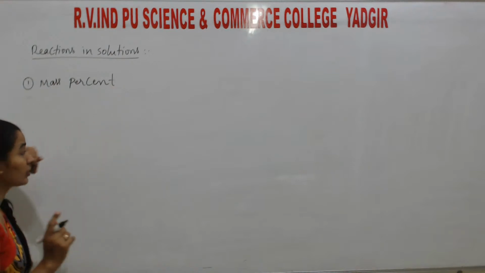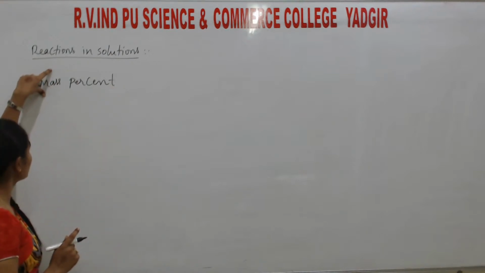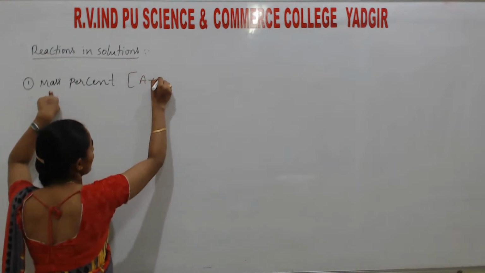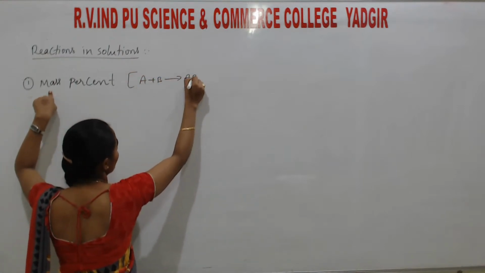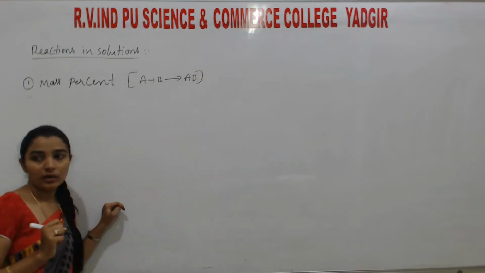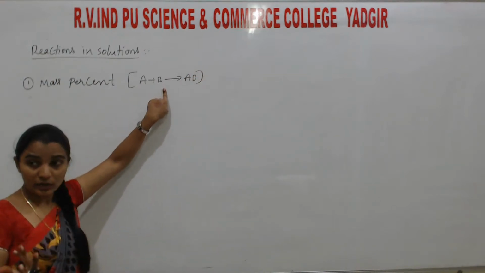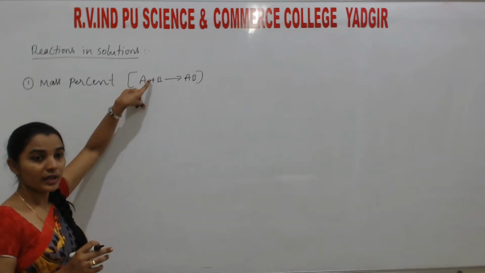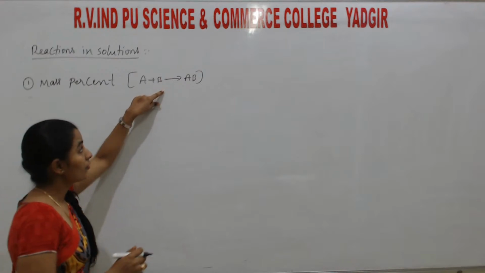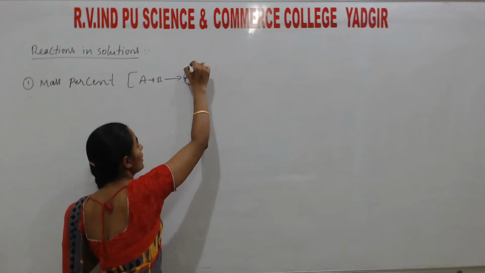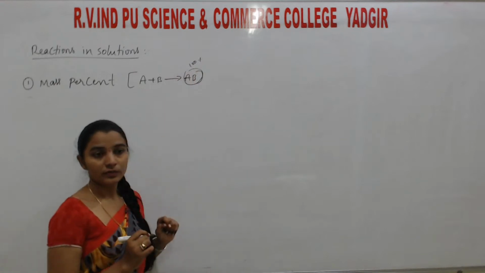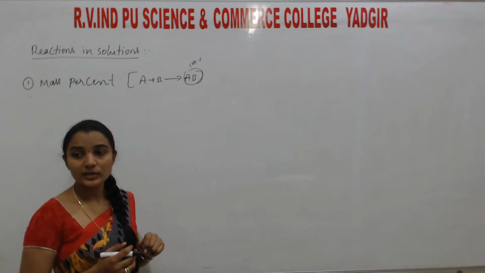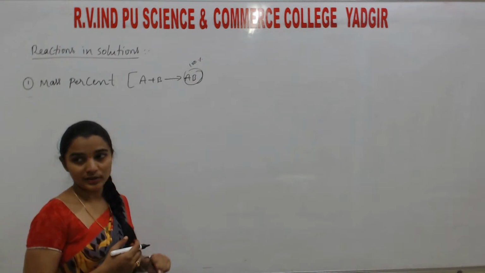If any solution consists of components A and B, where one is the solvent and another is the solute, AB is a solution of components A and B. We consider this as 100%. Then how many percent of A is there, and how many percent of B is there? That is called mass percent.